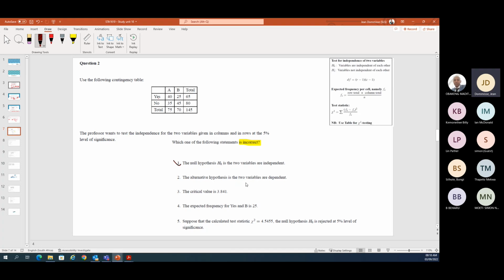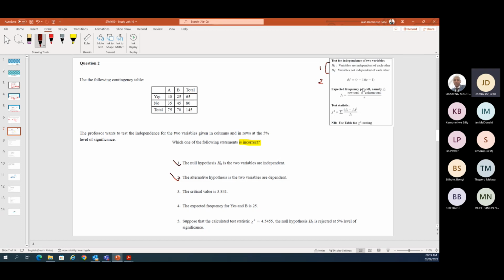The alternative hypothesis is that they are dependent. Correct. So that was nearly the first one. Degrees of freedom: we're not needed to do degrees of freedom in this one, but that would have been the second one I would have tested. Well, we need degrees of freedom to get to a critical value, so let's work it out.